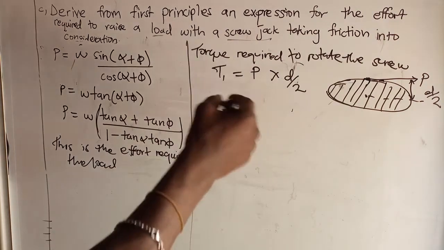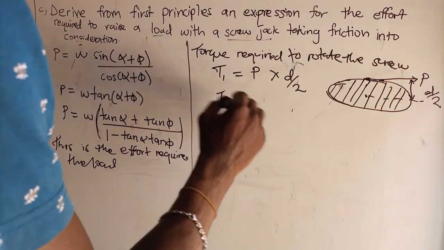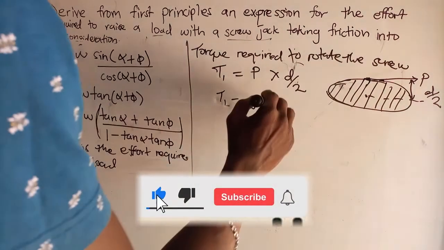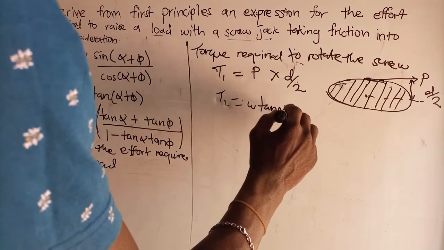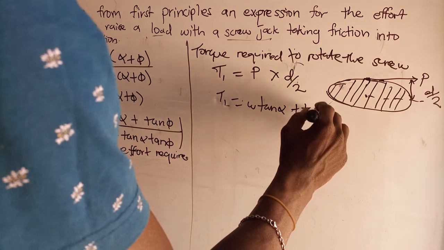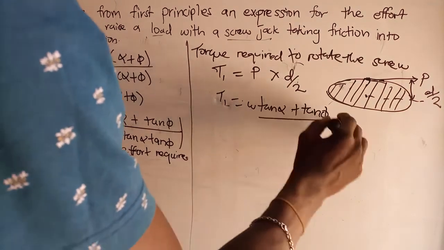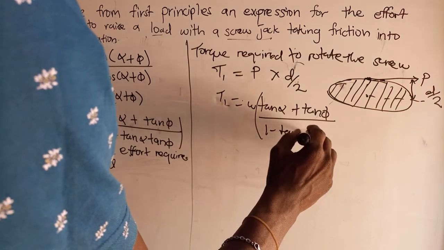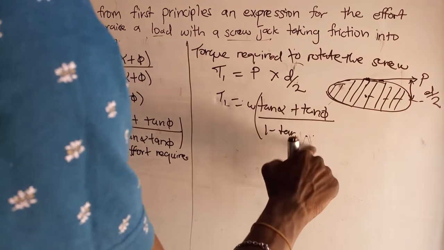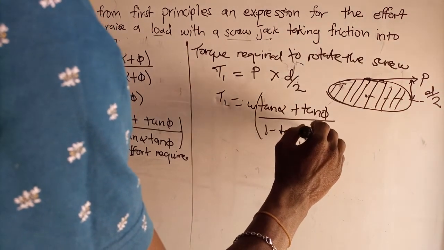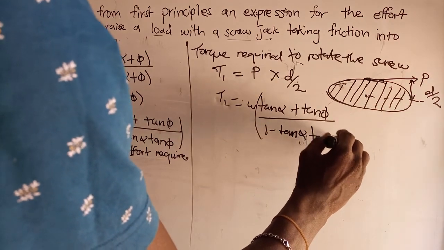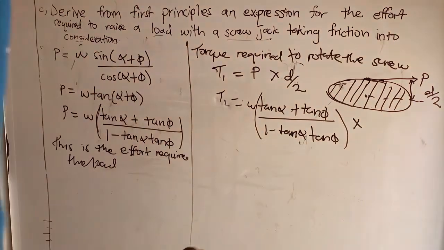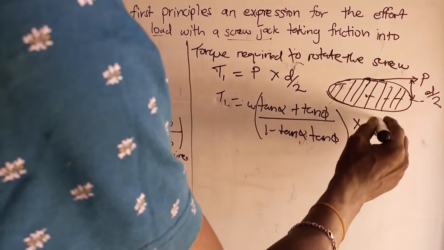So meaning that torque T1 equals P, but P is given by W tan alpha plus tan phi over 1 minus tan alpha tan phi, times D over 2.